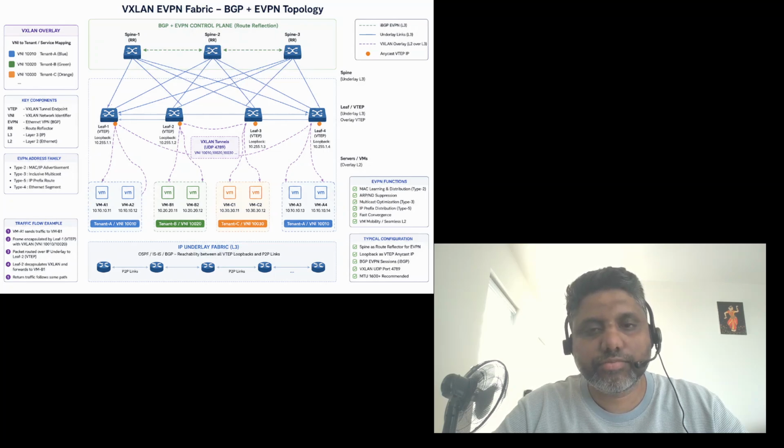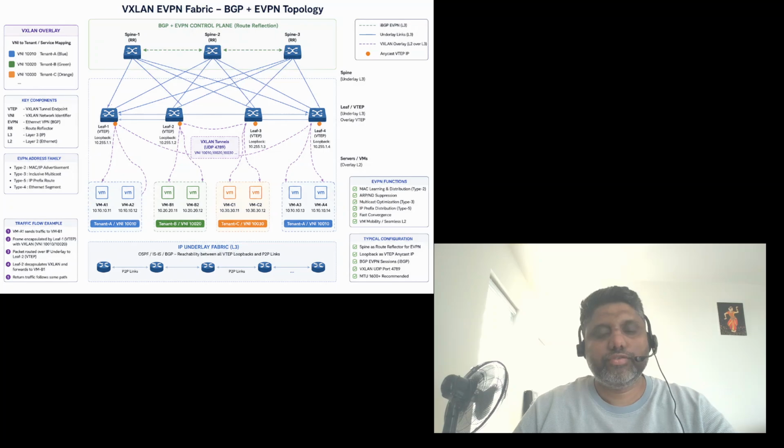Layer 2 network stands for communication using MAC addresses or VLANs within the layer 2 network, right? But VXLAN does the layer 2 network over the layer 3 IP network.